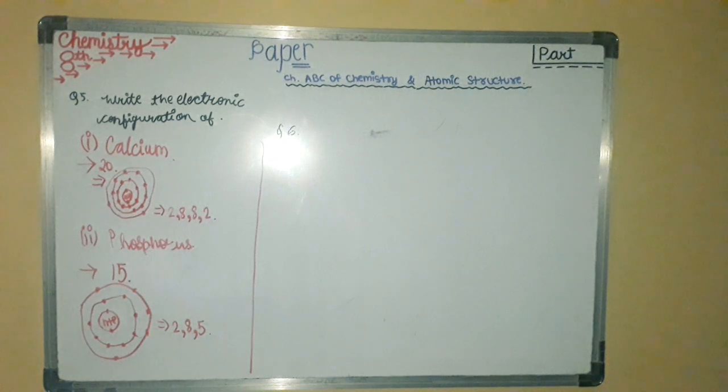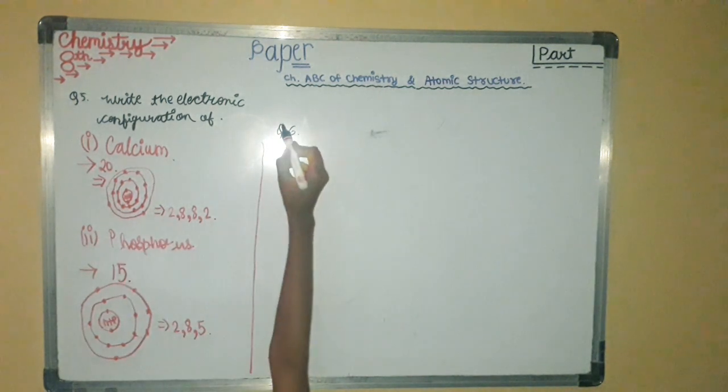Hence, he concluded that the nucleus consists of positively charged protons. Fourth was arrangement of electrons, but it was not having any conclusion. I hope you have understood this conclusion and the answer of this question. Sixth, Rutherford's alpha scattering experiment's conclusion.